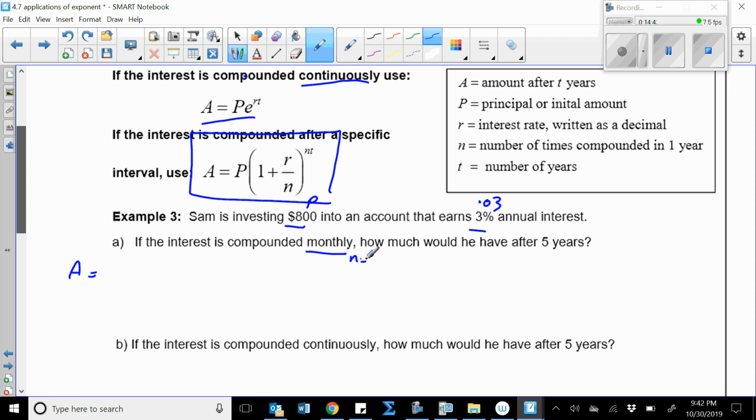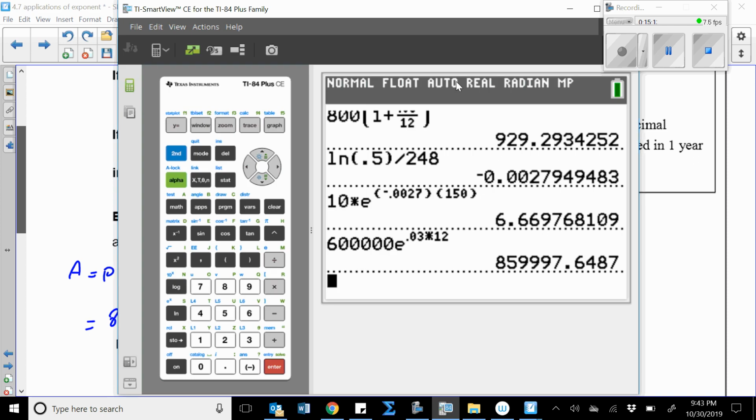And the value of N will be 12. A will be P times 1 plus R over N, to the power of NT. P is 800, 1 plus 0.03 over 12 to the power of 12 times t, which is 5. Now I'm going to use my calculator to find this value.